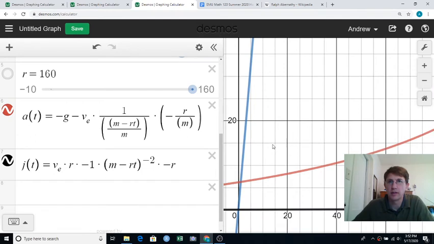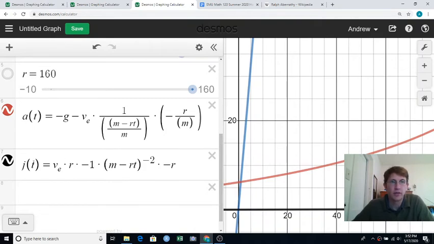And okay, so that's good enough. I can see the acceleration curve there. 10 meters per second squared, or 9.8, is basically 1 g. So it looks like we're getting up toward 1.5, 2 g's, which is tolerable. You can do that on a roller coaster, for example.